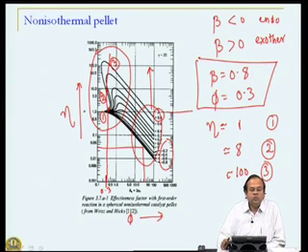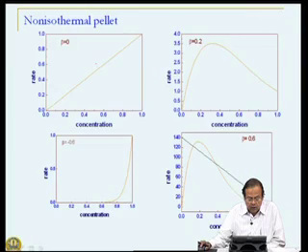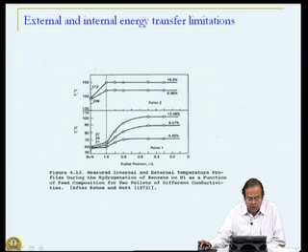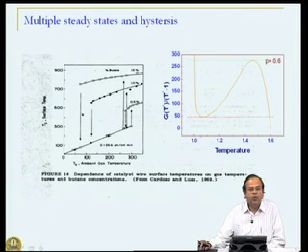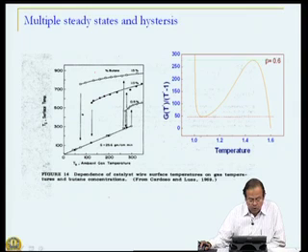Now, why do these multiple steady states arise when we have the non-isothermal reactor situation? The answer to this is not very straightforward, but we can look at an equivalent situation and try to understand why this behavior is so important.